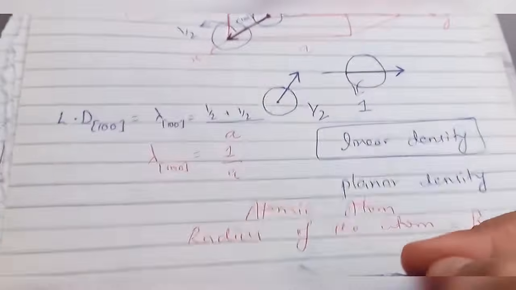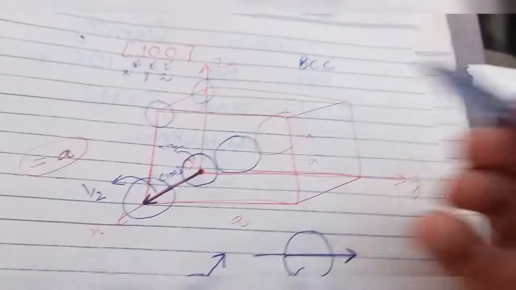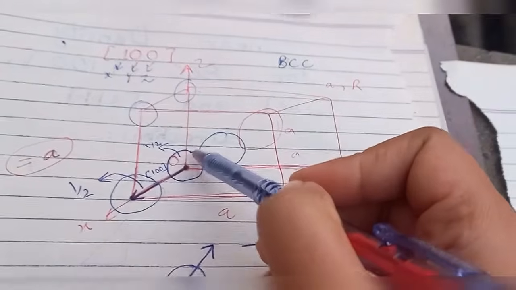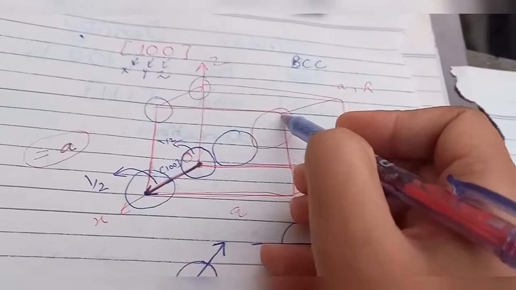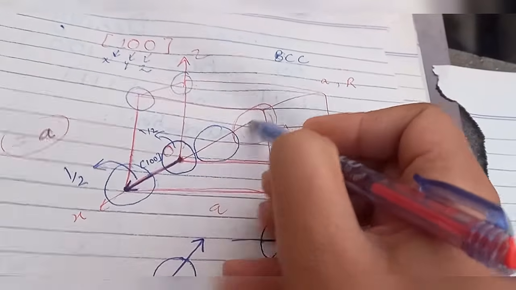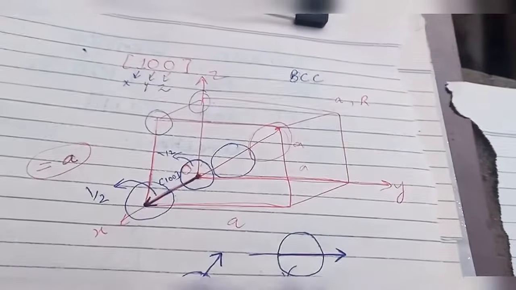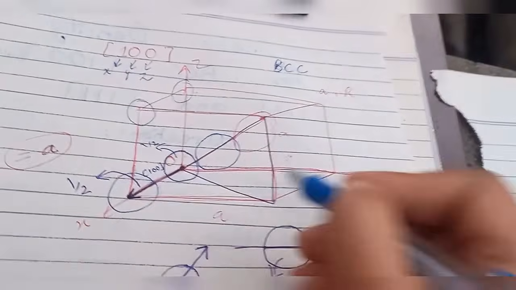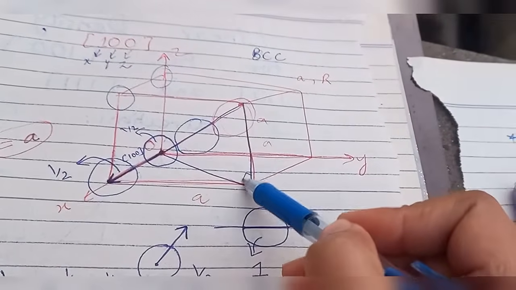For the BCC crystal system, we can find the particular relationship between atomic radius and the lattice parameter a. The atoms on the diagonal are completely attached. If you draw a vector from this to this, and like that, this whole triangle is a right angle triangle with the right angle right there.